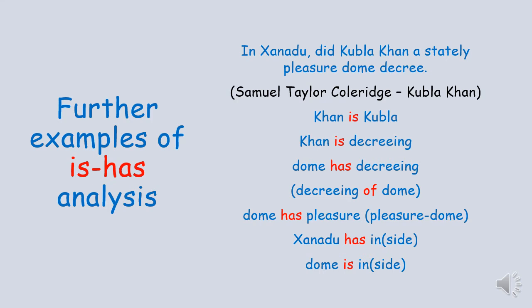So this breaks down into Khan is Kubla, Khan is decreeing, dome has decreeing, representable as decreeing of dome, dome has pleasure, also representable as pleasure dome with a hyphen between the pleasure and the dome. Xanadu has in and dome is in.